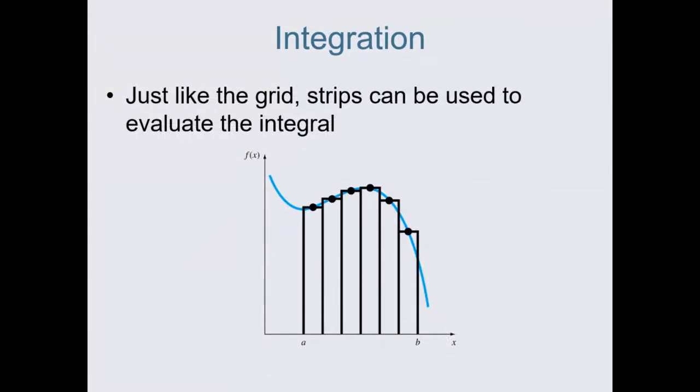Now, just like we can use the squares, we can use an idea of the strips. So you can divide the whole thing into rectangles, and then you can add the area of the rectangles. So you could take it as, let's say, from A to B, you could take it as one rectangle, and that is going to give you errors.